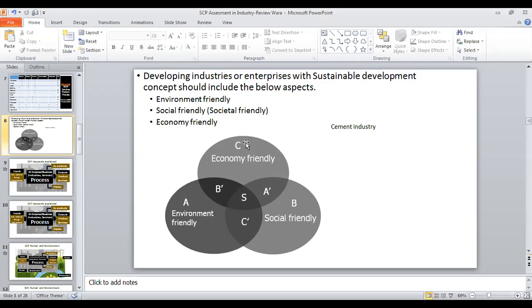But environment, this uses a huge amount of energy in cement processing, and you have to excavate the raw material, whatever lime or the raw material they mine or they excavate, and then they process the material.